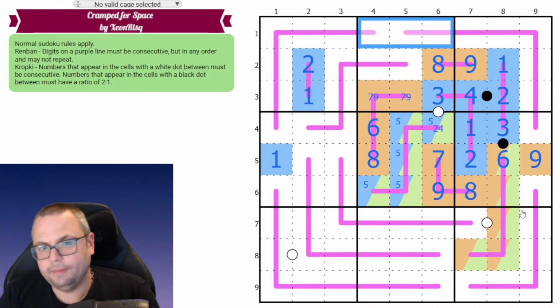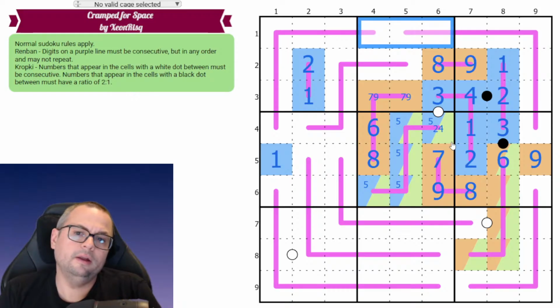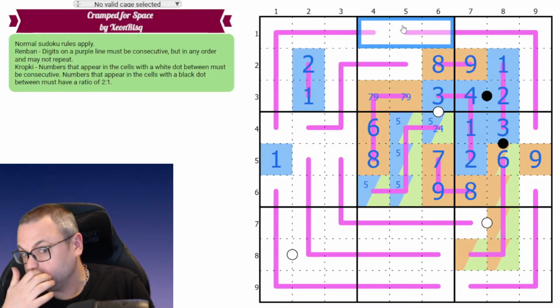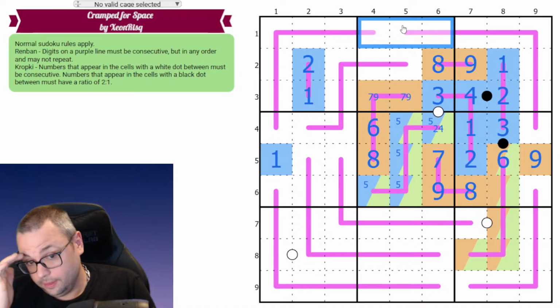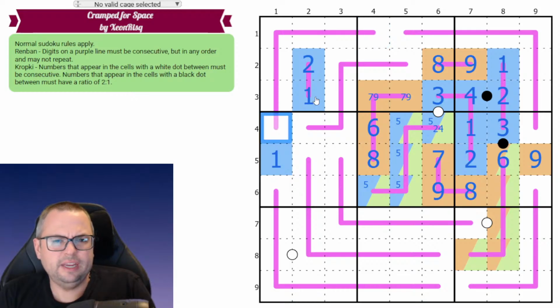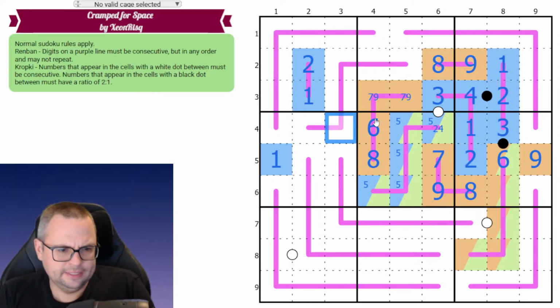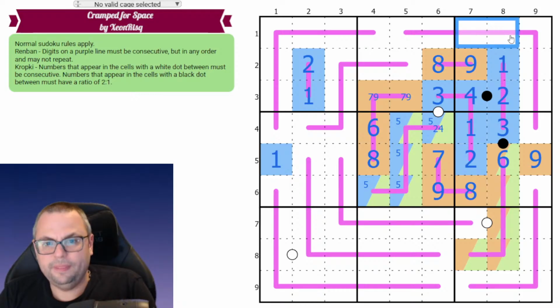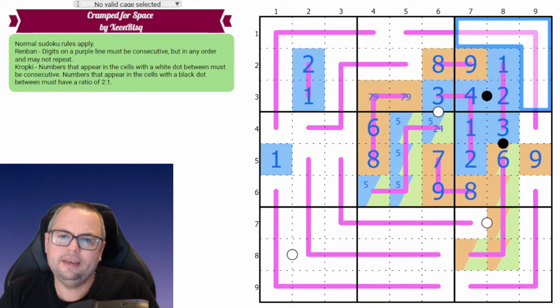1 and 2 in box 2 are on one of these Renban. And if I put... Oh, darn, I could put a 1 here and a 2 here, couldn't I, on this Renban? Oh, but what do I know is on this Renban?